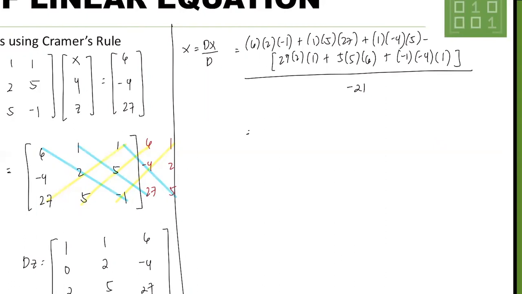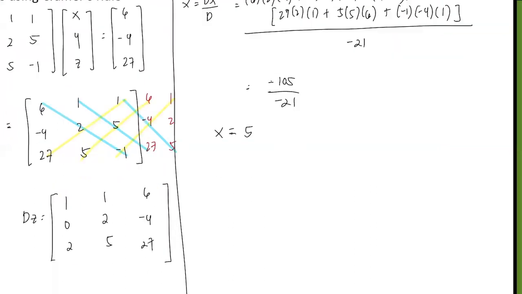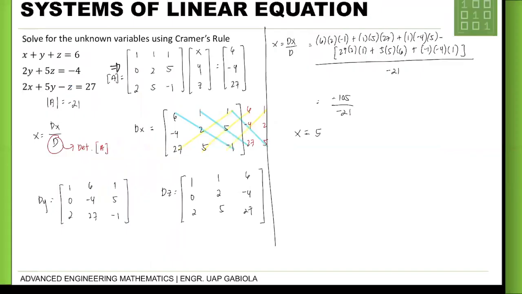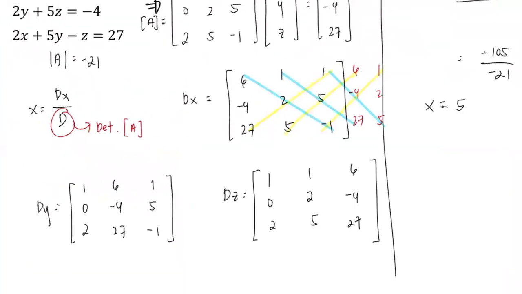Siya ay equal sa negative 105 over negative 21. So, x is equals to 5. Okay? So, ayan agad yung value niya. Okay? Next, y naman tayo. So, 1, 0, 2, 6, negative 4, 27. Okay?